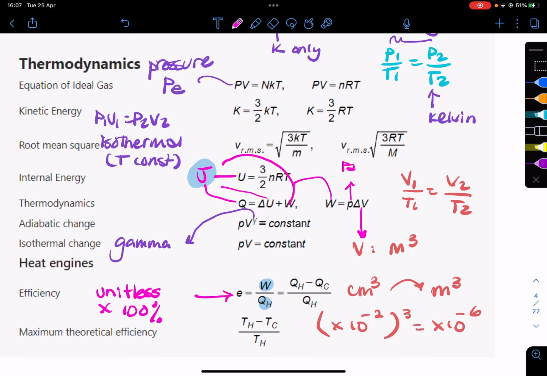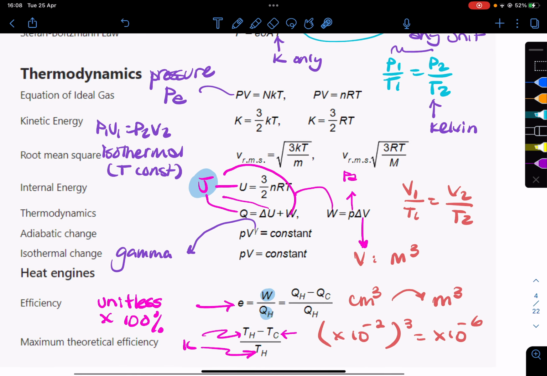Now, the same goes for Q, hot reservoir, cold reservoir, hot reservoir. Joules, joules, joules. But here, you've got temperature. So each of these temperatures is in Kelvin. So Kelvin, Kelvin, Kelvin. Okay, make sure you don't use Celsius here. It has to be Kelvin. Okay, so that's all about the units.